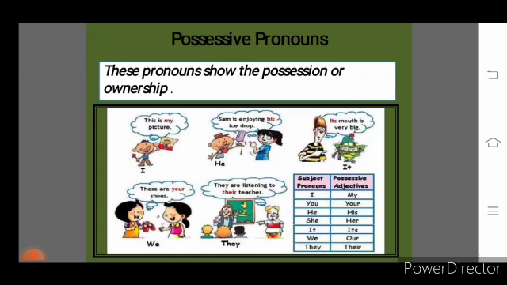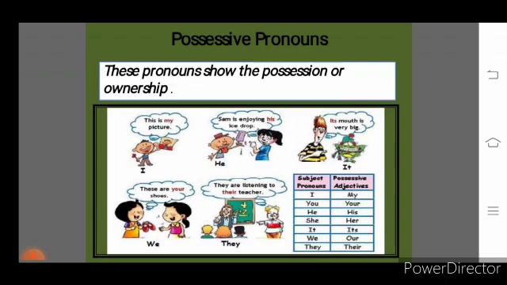The highlighted words are the possessive pronouns, as they are telling the ownership, the possession. My, your, his, her, its, our, their. These are some possessive pronouns. Clear? If you want to tell anything that belongs to you, you can say that it belongs to me, right?